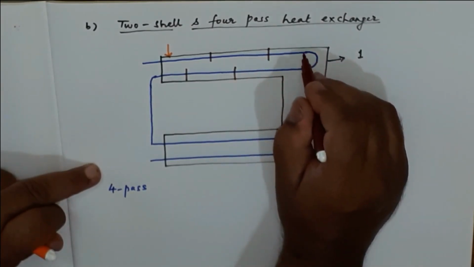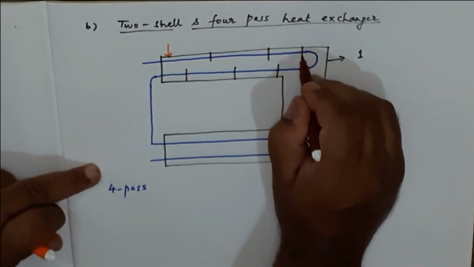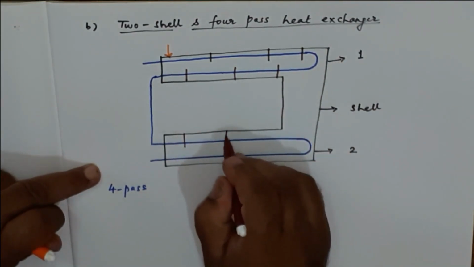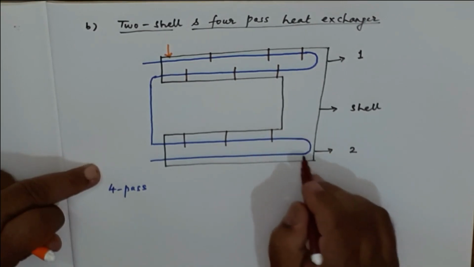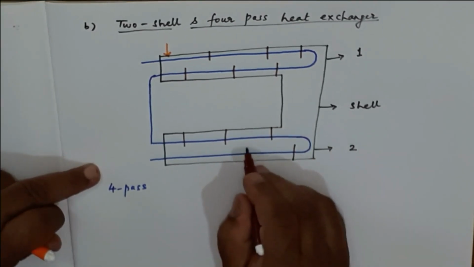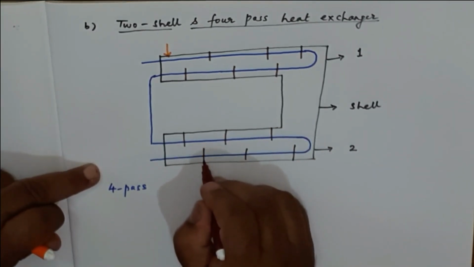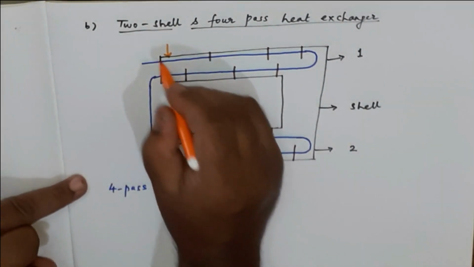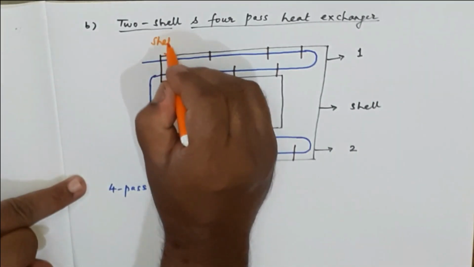Similarly you have baffles here: 1, 2, and 3 baffles. Here you have a few baffles. Now what happens? The shell fluid, this is called the shell fluid.